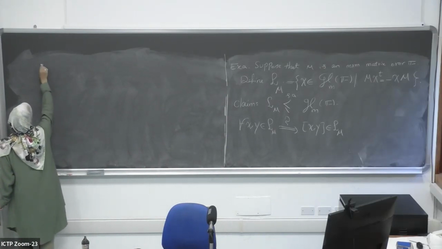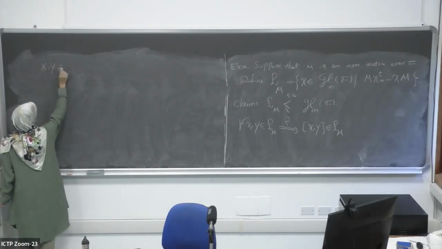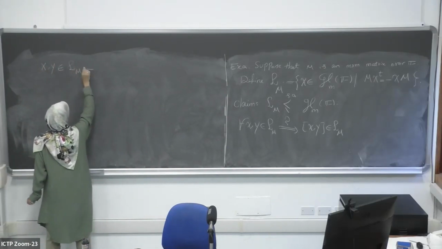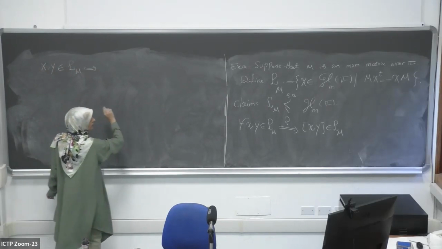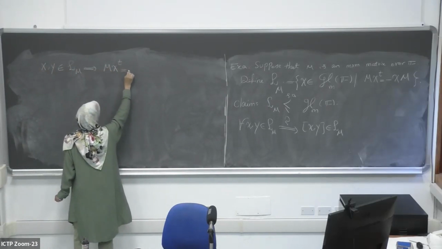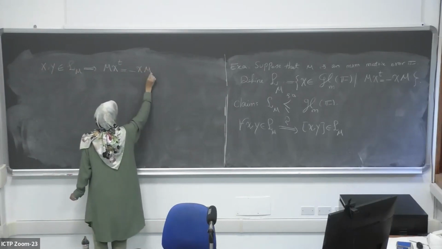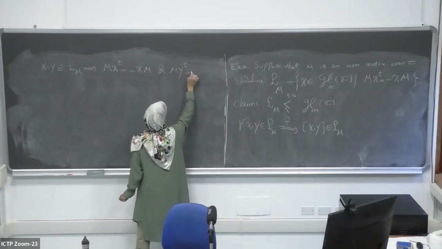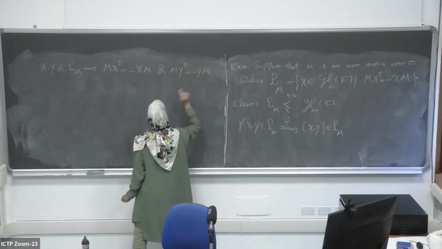Okay. First, x and y are elements of Lm. So we have M x transpose equals minus xM and M y transpose equals minus yM.